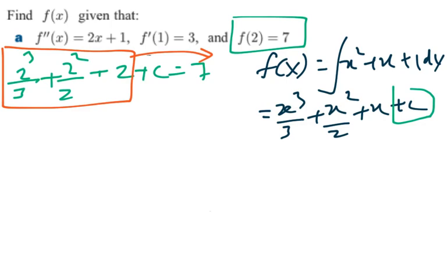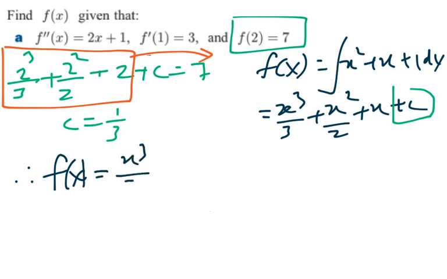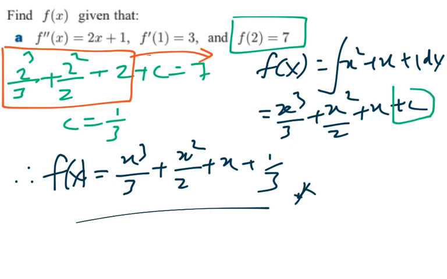With this, you will be getting c equals 1 over 3. Therefore, the function of f is equivalent to x to the power of 3 over 3 plus x squared over 2 plus x plus 1 over 3.